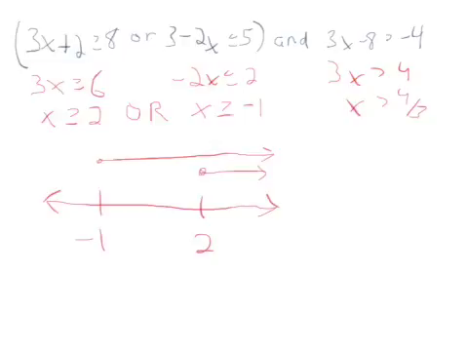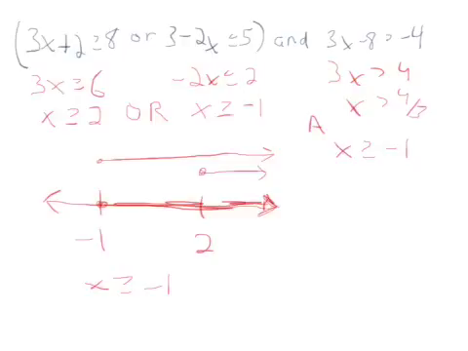So it could possibly start at negative 1, and it could continue on and be anything greater than negative 1. So to simplify everything, that statement could just be written as x is greater than or equal to negative 1.